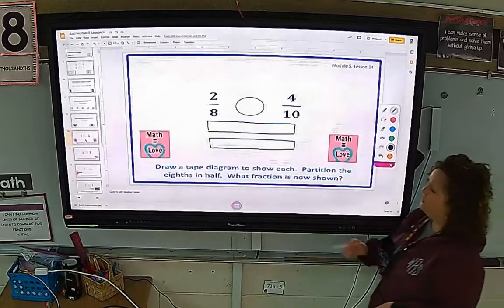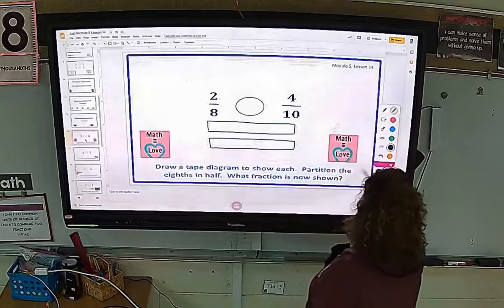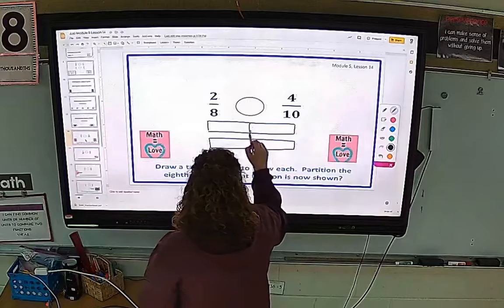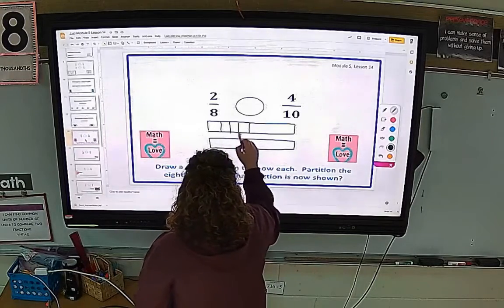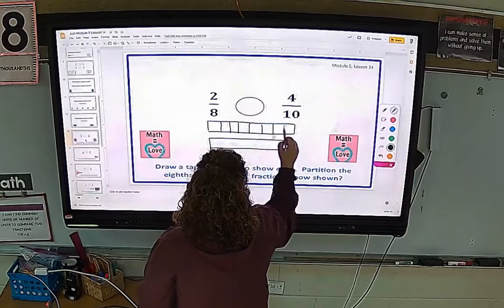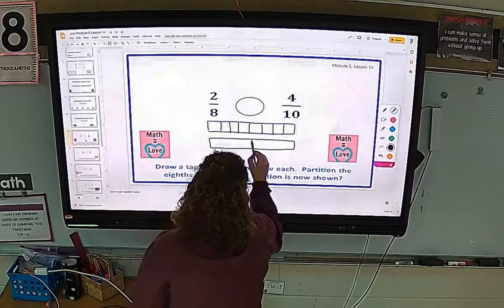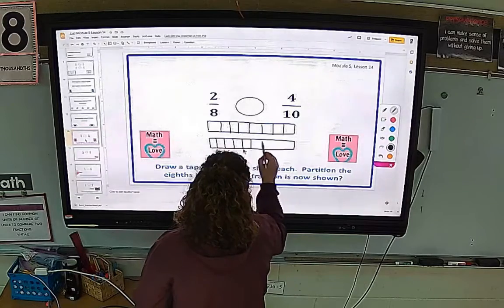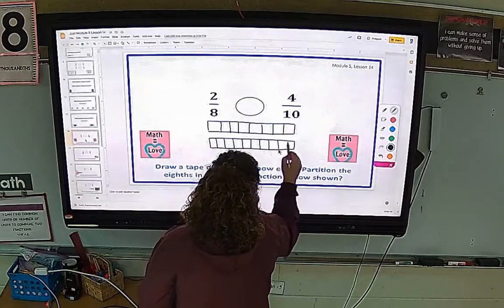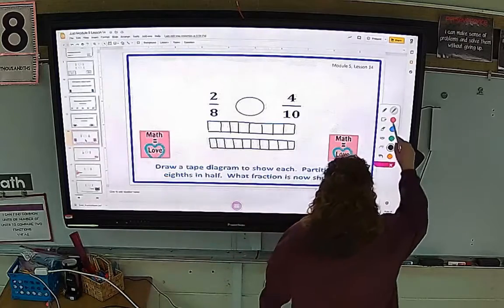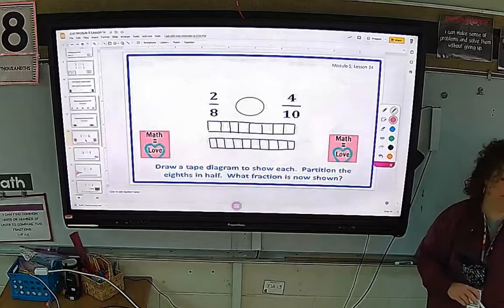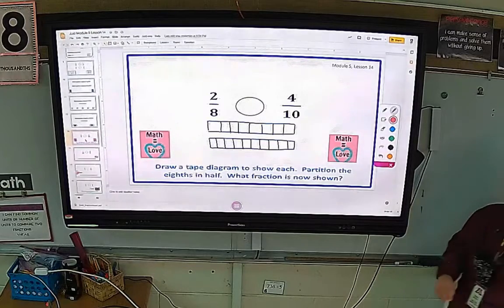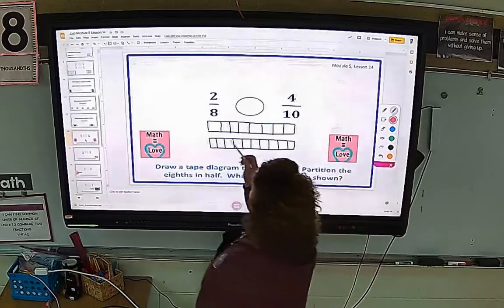Okay, so one we're going to cut into eighths, and one we're going to cut into tenths. And then you'll shade what the numerator is telling you to shade. Don't get them mixed up. 2/8, 4/10.